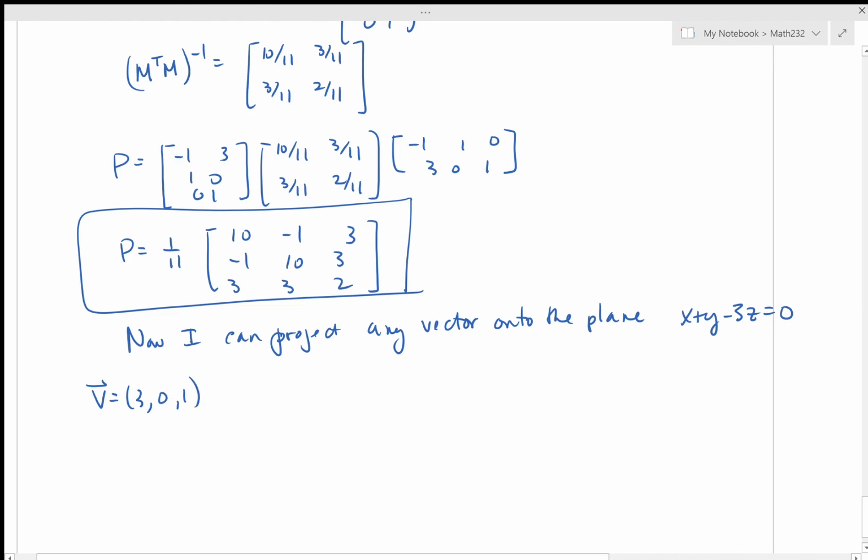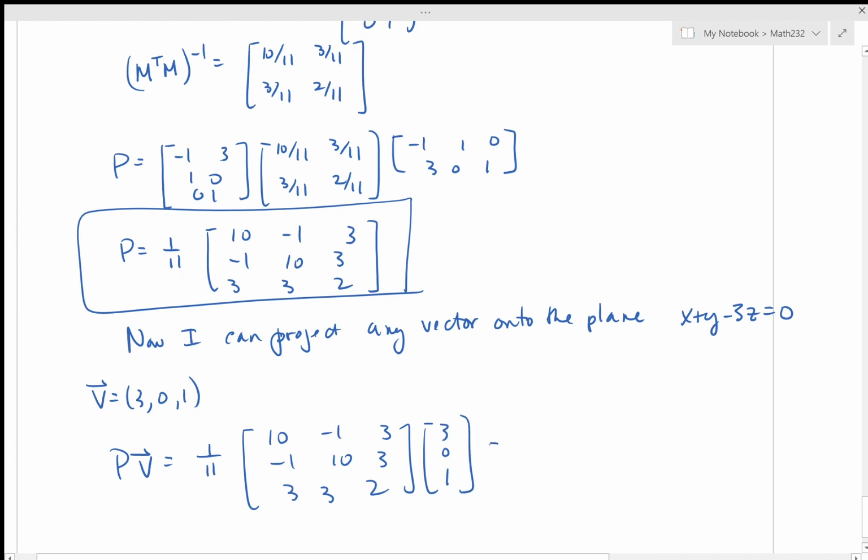And so I simply take P and multiply by V. One more multiplication to do. So, there is P. And I am going to multiply that by V. And I'm going to get this guy here.